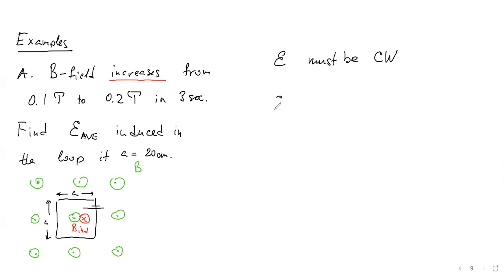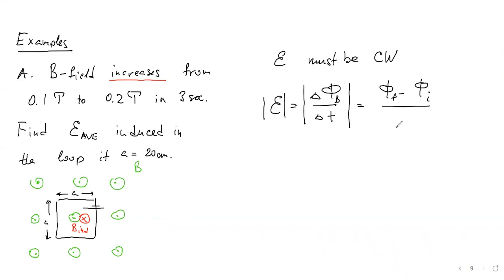Let's estimate the magnitude of this. For the magnitude, I don't want to care about the sign. So delta flux is flux final minus flux initial. We can just find the initial and the final flux, and that's it.